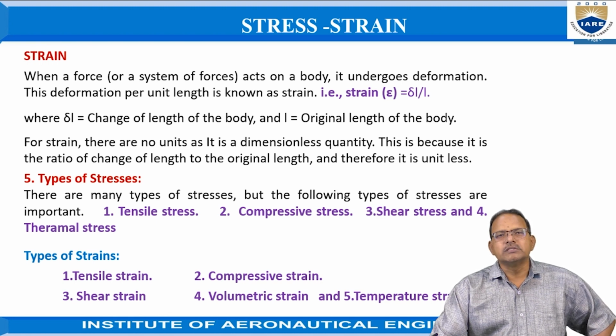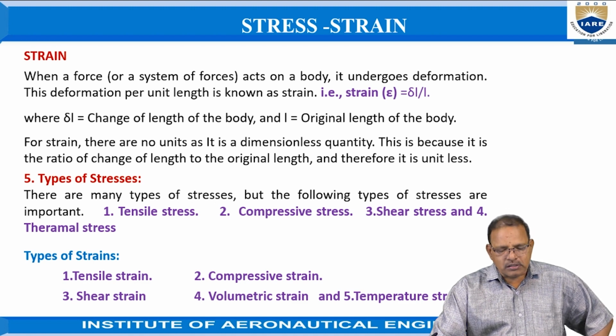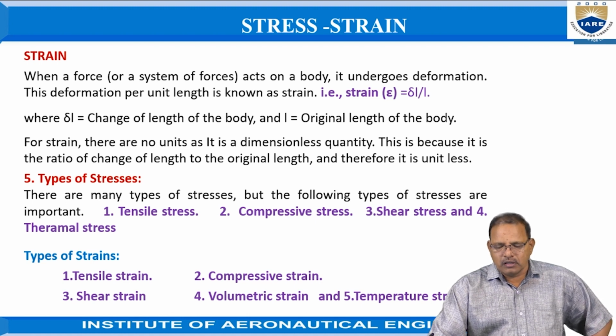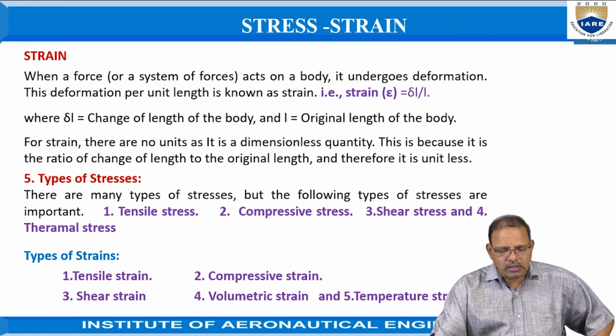Earlier we discussed stress is the ratio of the force applied to the cross section area of the wire. Here the strain is defined as the change in length of the object to its original length. Hence the strain is dimensionless, because it is change in length by original length, and it does not have any units.